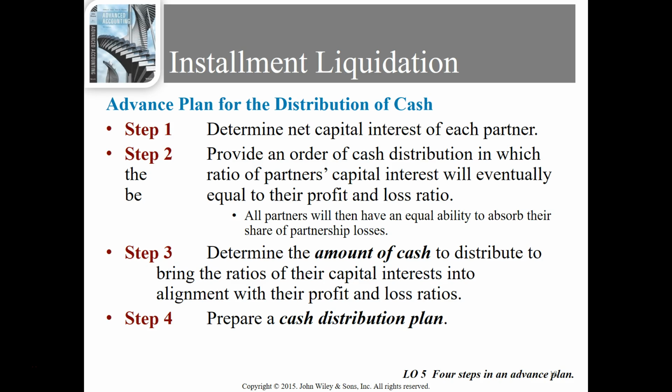Step 3, determine the amount of cash to distribute to bring the ratios of their capital interests into alignment with their profit and loss ratios. Step 4, prepare cash distribution plan.